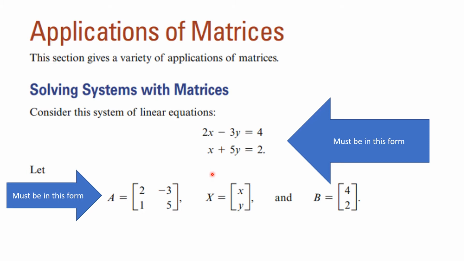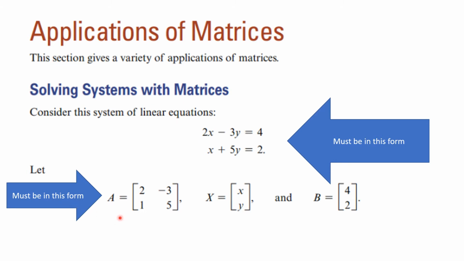This column is the x's, this column is the y's, the next column would be the z's, and so on and so forth. And you must have your constants, 4 and 2 in this case, on the right-hand side of the equal sign.